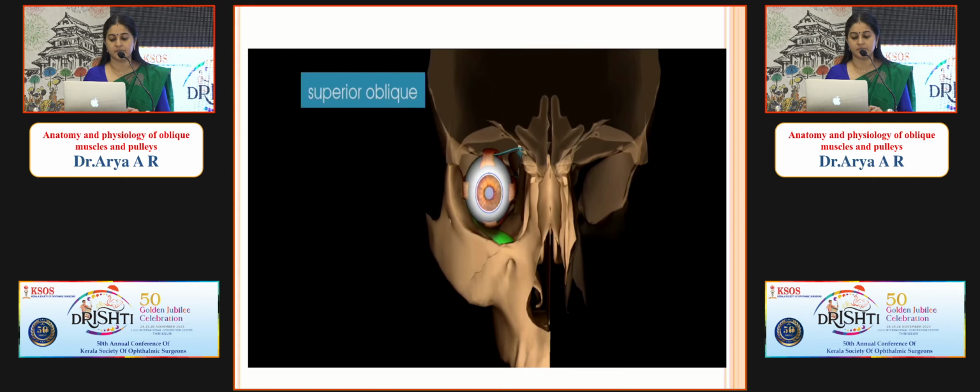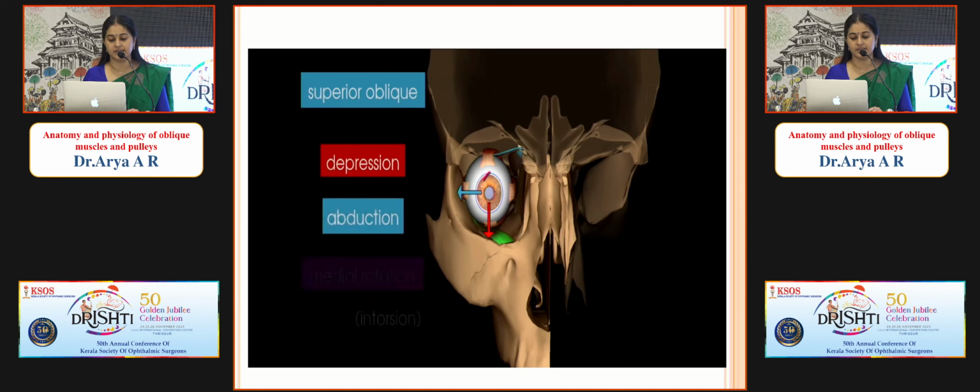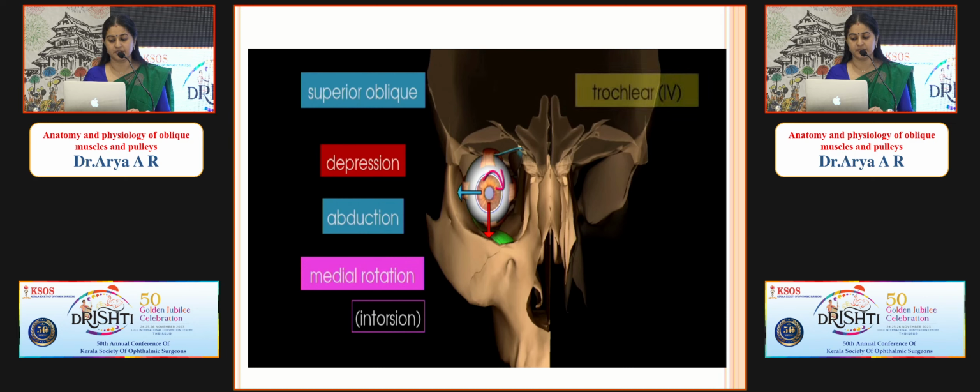So the superior oblique actions are depression, abduction, and intorsion, and the superior oblique is supplied by the fourth cranial nerve, that is the trochlear nerve.